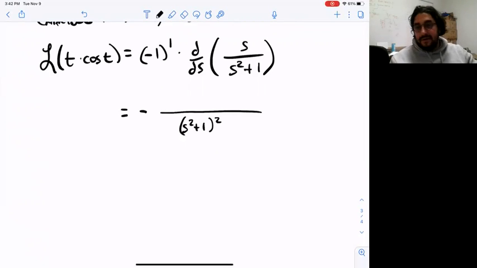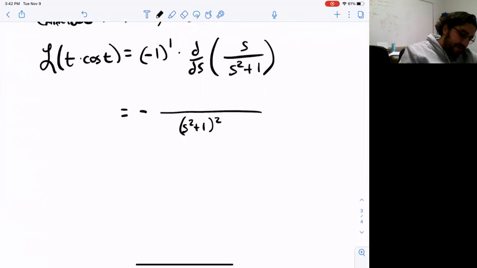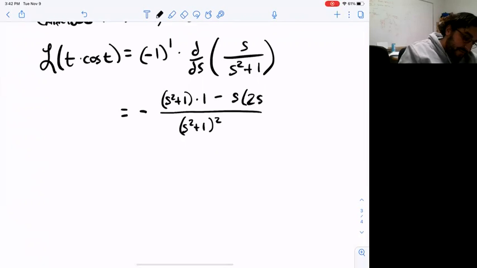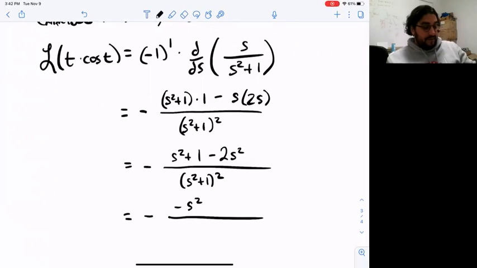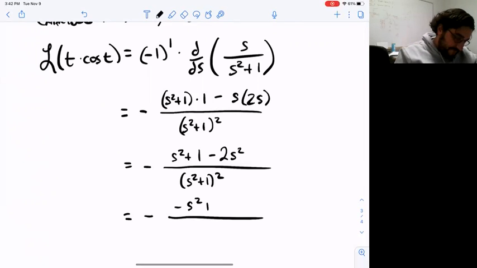Square the bottom. Then in the top, we have the bottom times the derivative of the top minus the top times the derivative of the bottom. Combine like terms, right? s squared minus 2s squared.